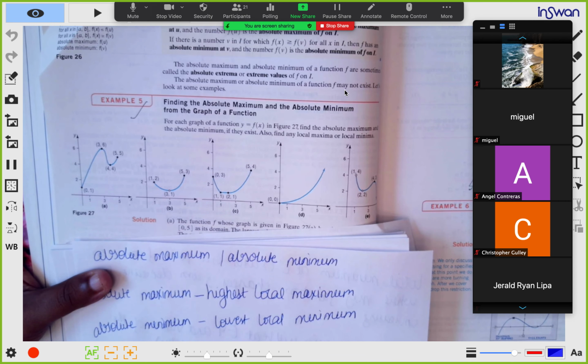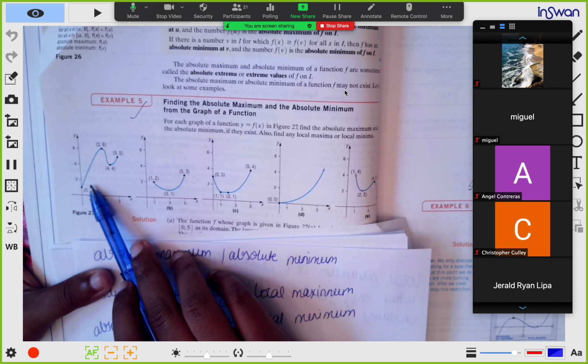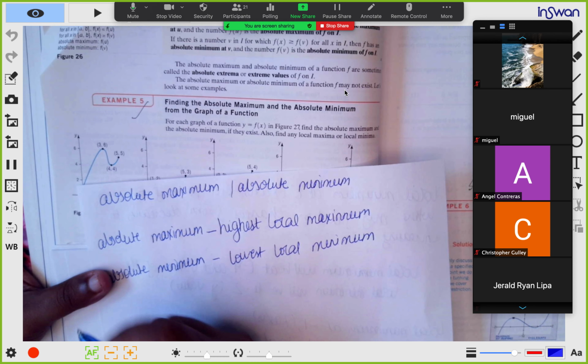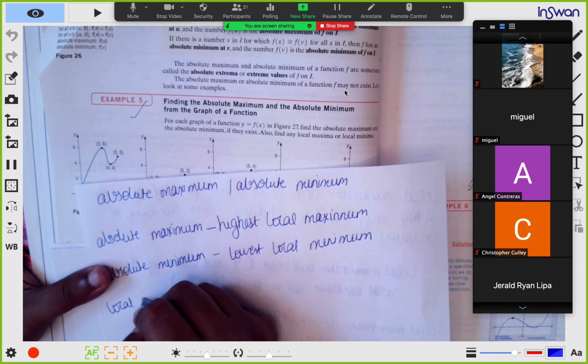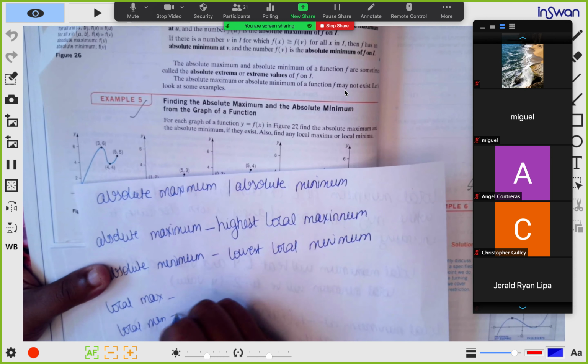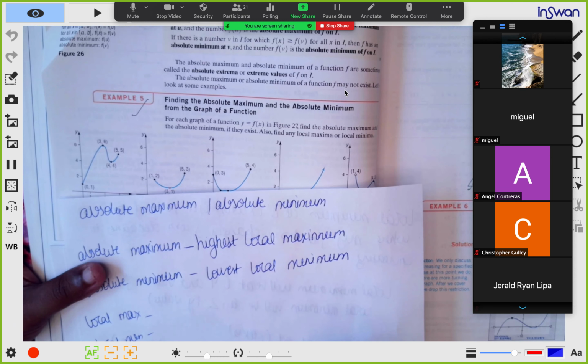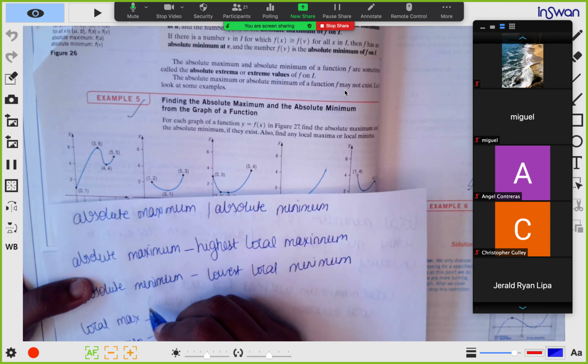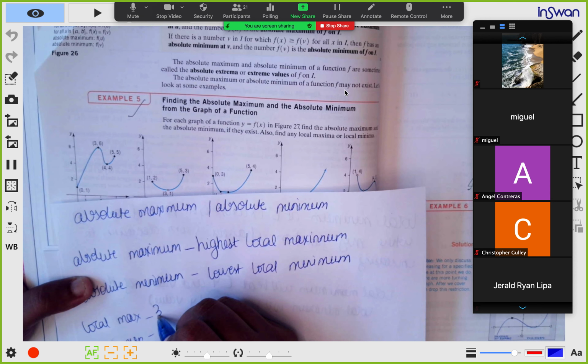Can you tell me, in the first one here, let's talk about local maximum and local minimum. What are the points of local max here? Is that a 3? Yes. So the local maximum will be at 3. And is there any other local max?